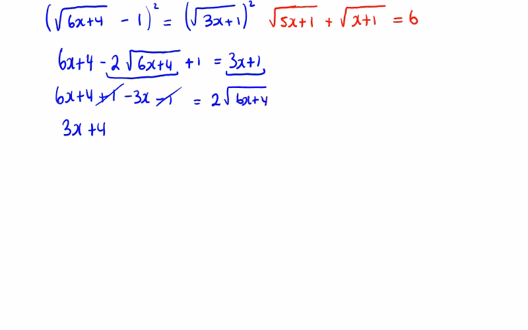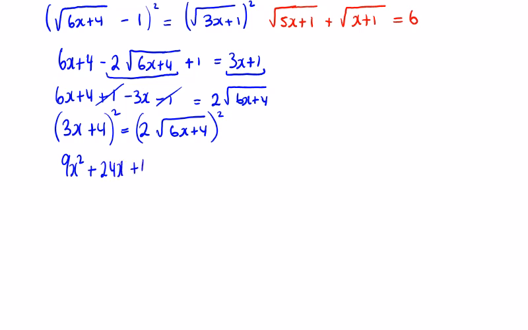And because this is a product, when we square it, we're just going to square the 2 and square the square root, which will get rid of it. So squaring both sides again, if you want to put the brackets on the squared in, you can. 9x squared plus 12x twice plus 16 is equal to 4 times 6x plus 4. 9x squared plus 24x plus 16 is equal to 24x plus 16.